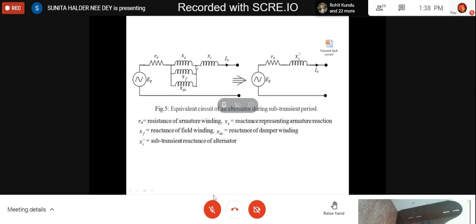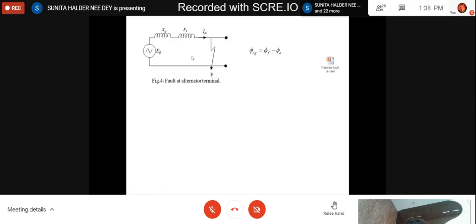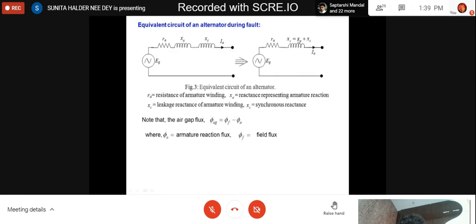So overall, RA plus XA plus XL was the synchronous reactance. Now this XA has been reduced due to the action of the field winding and the damper winding. So obviously if XA is reduced, then this XS will be reduced.